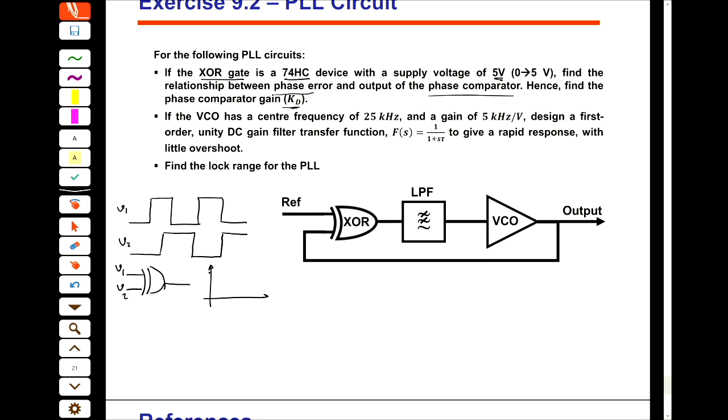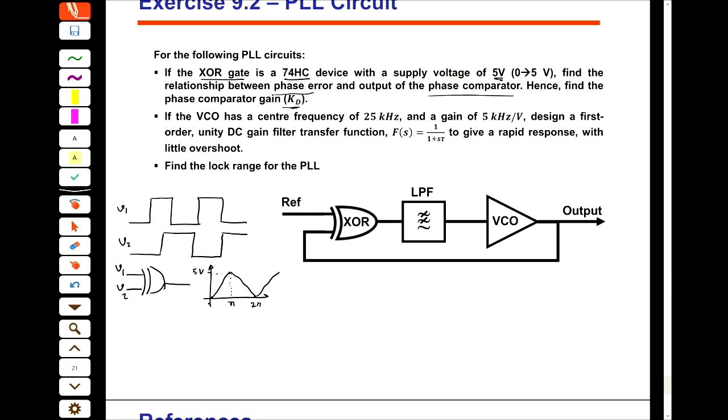So here is 5 volt. The output of this is changing from 0 to pi, and then again to 2 pi. This is what we had in that graph as well.